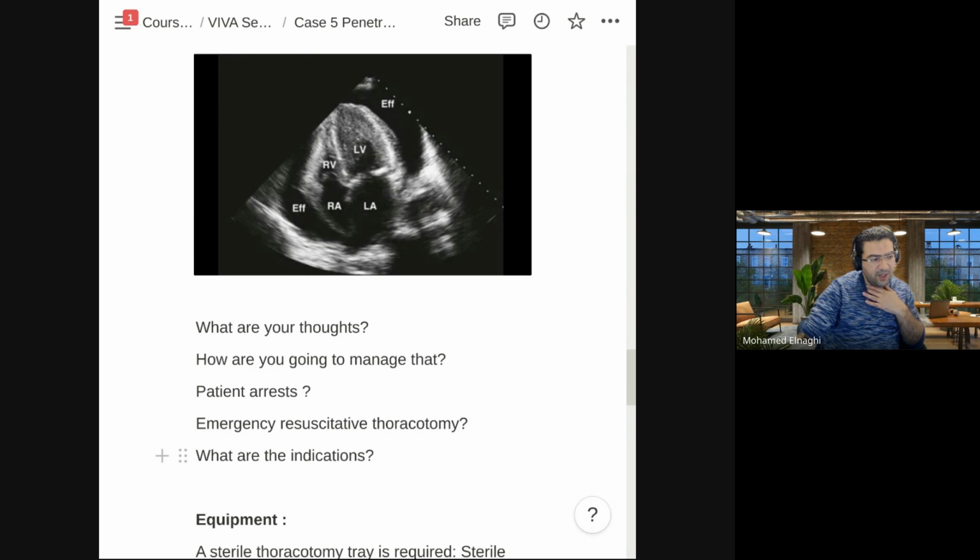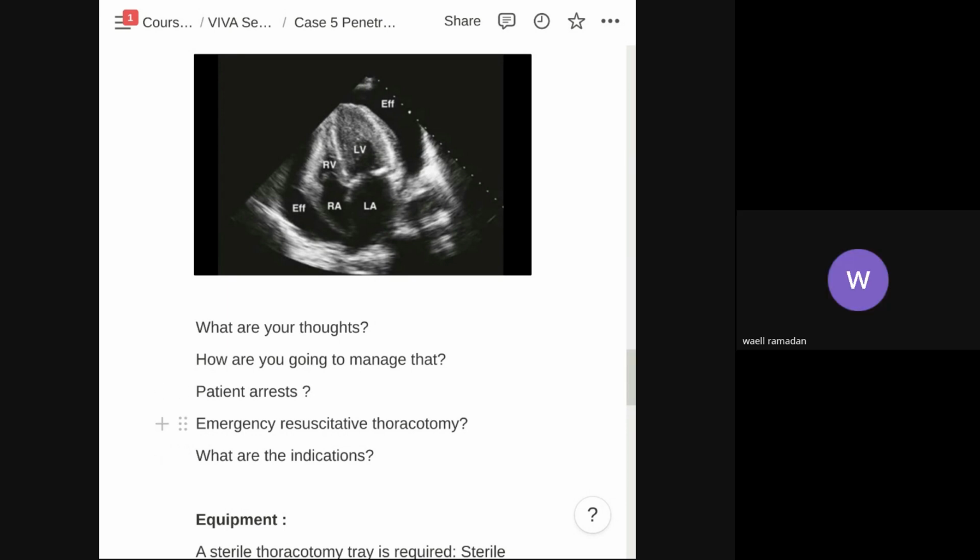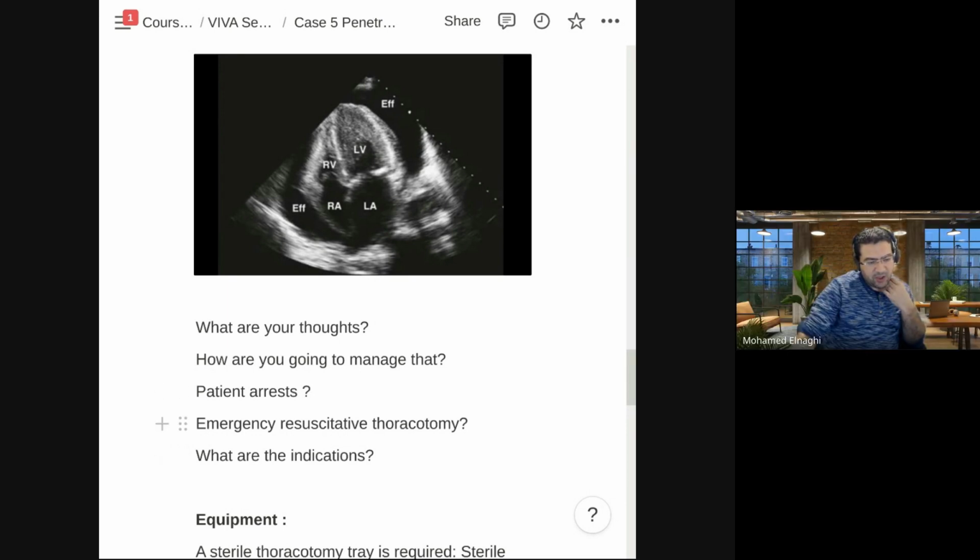It's if you have a patient with a witnessed arrest in front of you, or a patient where you know for sure that the arrest was less than 5 minutes ago. And with patients with penetrating cardiac injury, you can still have a successful outcome from resuscitative thoracotomy if you manage to do the thoracotomy and relieve the cardiac tamponade within 15 minutes from cardiac arrest. So you've got a 15 minute window.